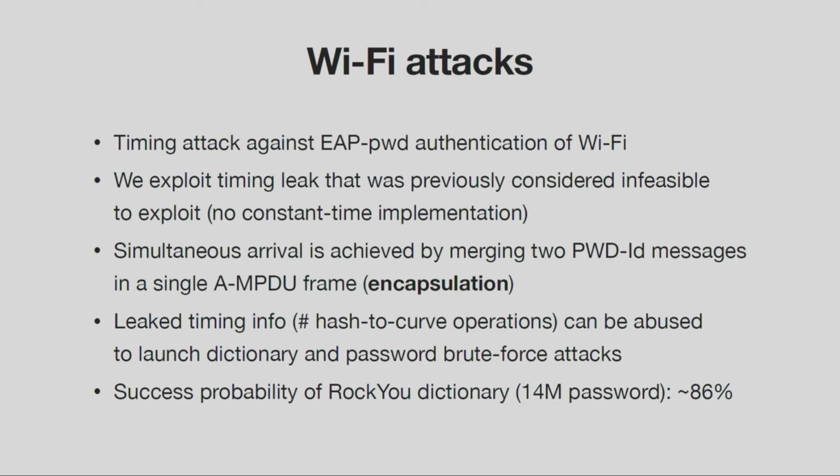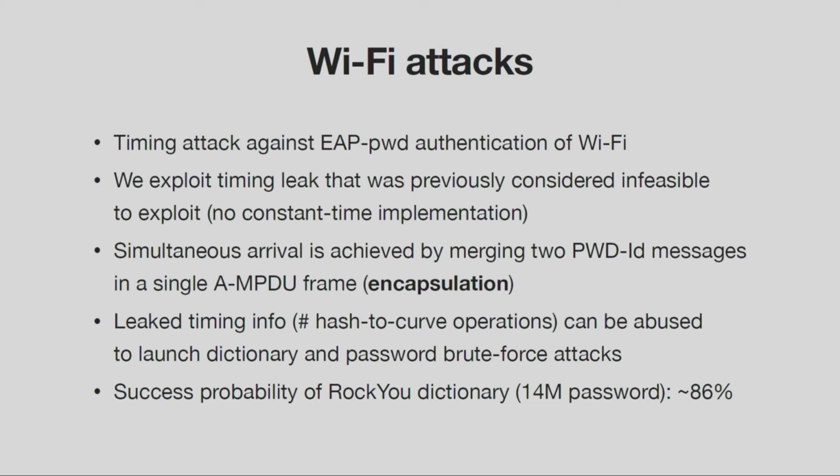The timing information that was leaked was the number of hash-to-curve operations. This can be abused to launch a dictionary or password brute force attack. Then we tried to evaluate how well it would work.